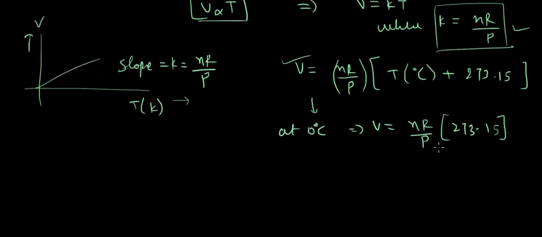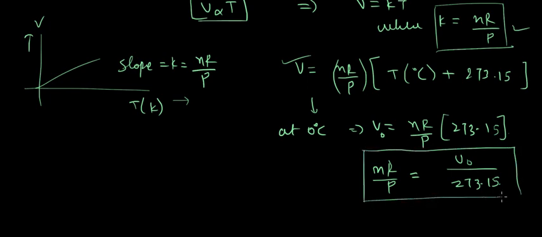We can write that this is V naught, where we are just representing V at temperature 0 degrees Celsius as V naught. So nR by P is nothing but V naught by 273.15. From here we get the value of the constant, which is the volume of the gas at 0 degrees Celsius divided by 273.15.